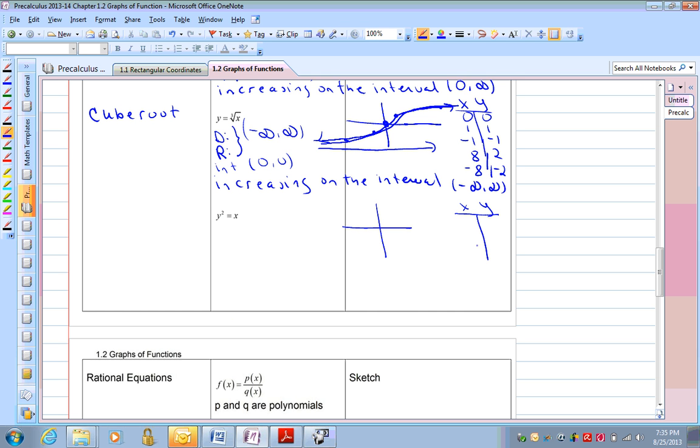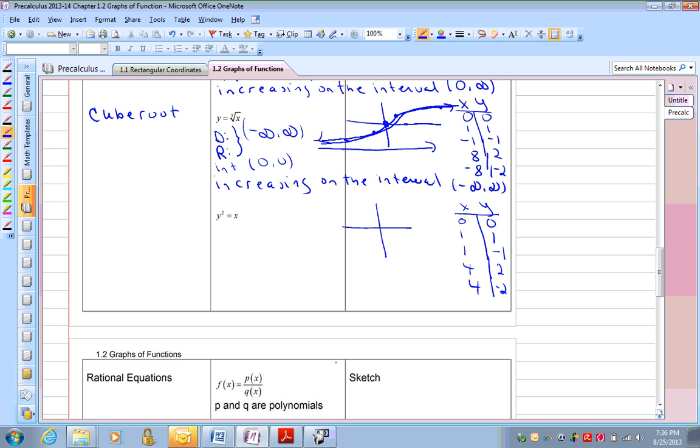So if I plug in a 0 and I square it, I would get a 0 for my x value. If I plug in a 1 for y and I square it, I would get a 1. If y was negative 1, my x value would be positive 1. If I plug in a 2, I would get a 4, and if I plug in a negative 2, I would also get a 4.